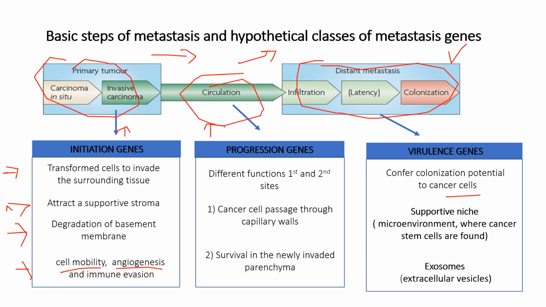And in the future, the second part of the course will talk about the importance of the environment, and in particular of the microenvironment. And we're going to talk about cancer stem cells, and also later we can talk about this topic of exosomes.